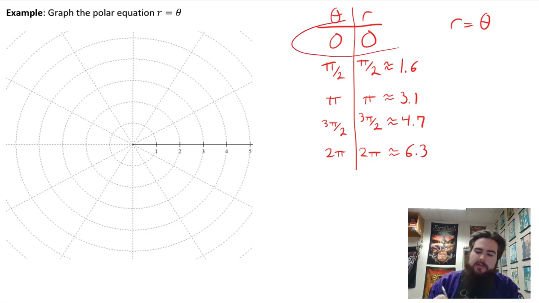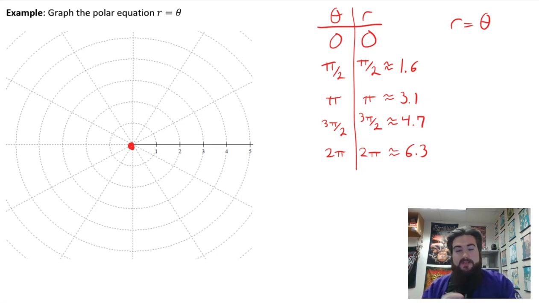Start off with theta of 0, r of 0. That would refer to the pole, or at least that's one representation of the pole, but that's where we're starting. Then we have pi halves as our angle measure, and 1.6 as our radius.